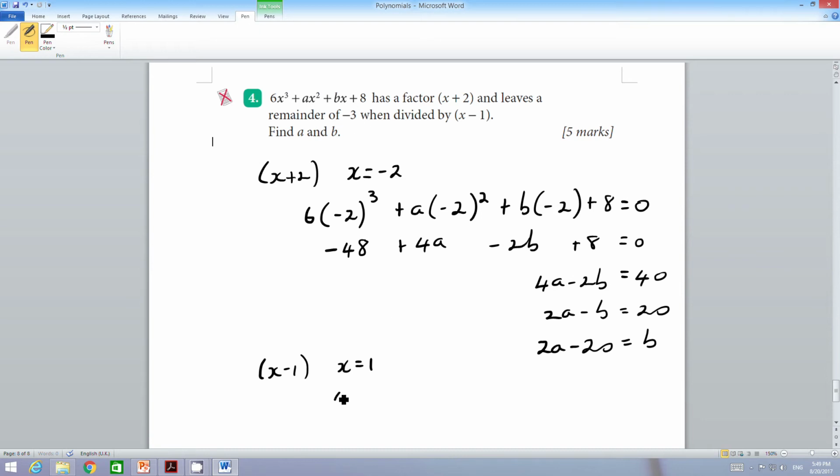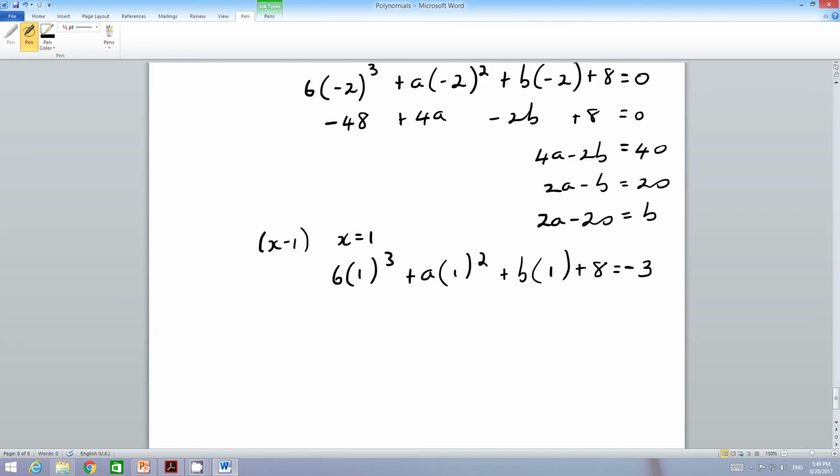So let's go and do that. Instead of writing x, I'm just going to plug in a 1 here. So 6 multiplied with 1 cubed plus a multiplied with 1 squared plus b multiplied with 1 plus 8. And since we are using the remainder theorem, we see that the remainder is negative 3. So I am going to write here negative 3.